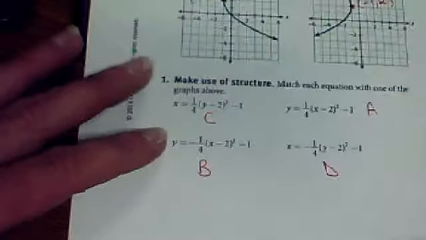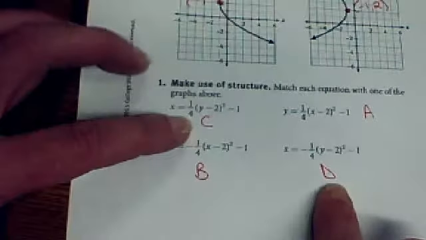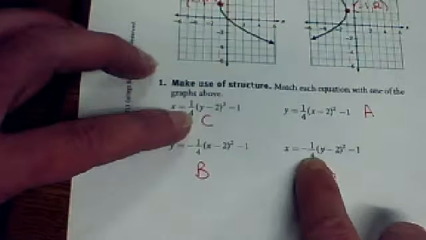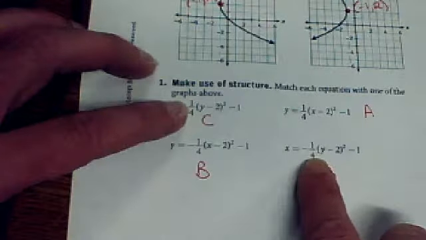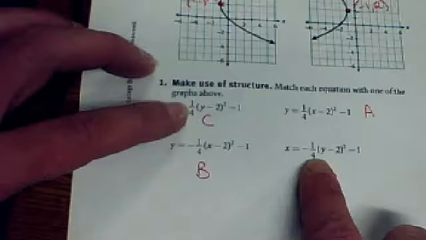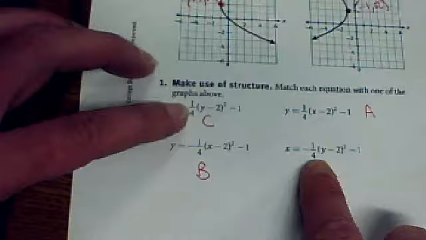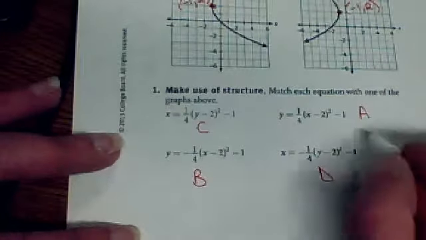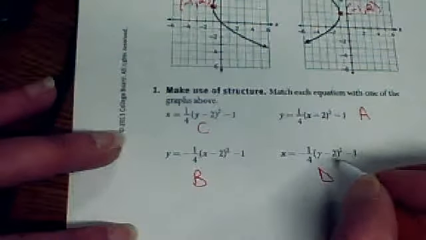Let's look at the equations and see if we can see how those would be related. So here's the equations for C and D. They both have a coefficient of 1/4. One's positive, one's negative. Can you tell from the equation where the 2 and the negative 1 come from? Or the negative 1 and 2? Notice that they're switched here.